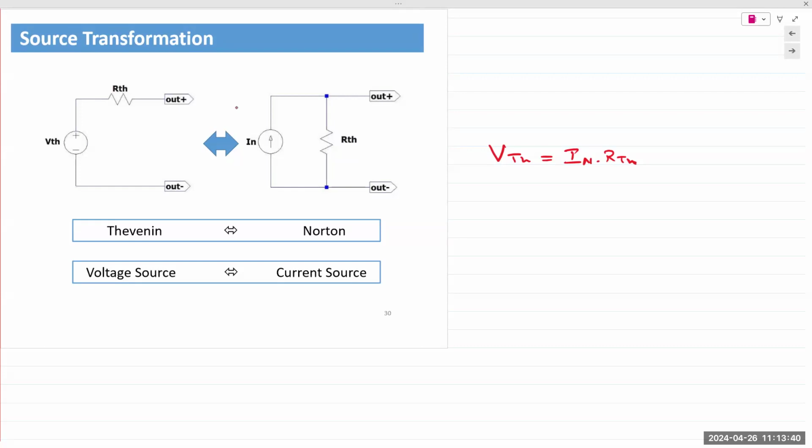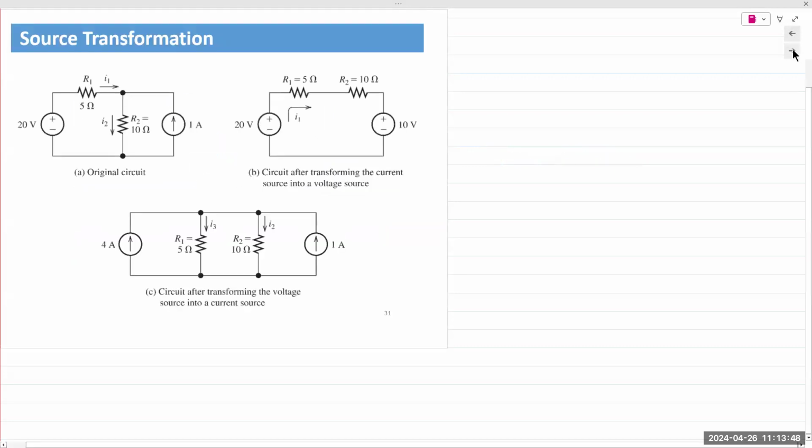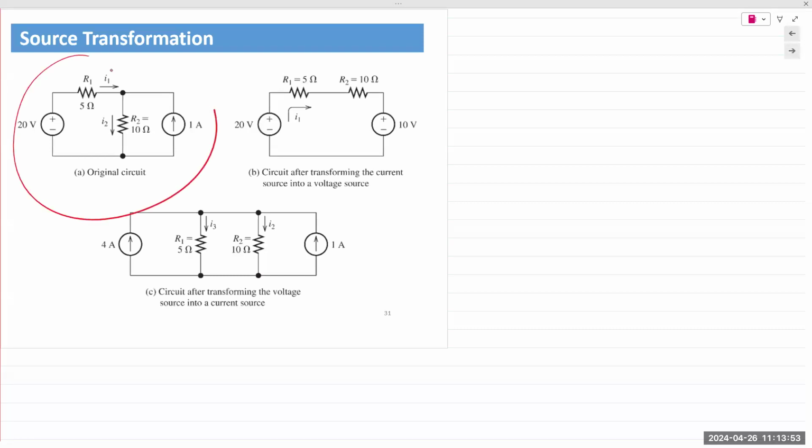But source transformation is not that easy. It's a little tricky to do because we have to recognize the nodes where the sources are connected. So in this example, in figure A, you can see a voltage source as well as a current source, right?